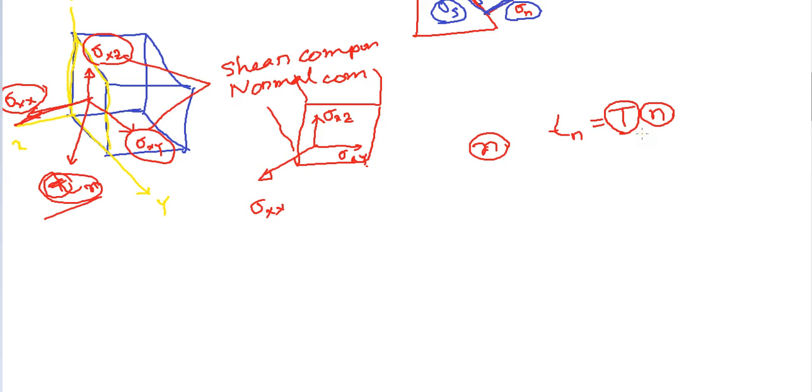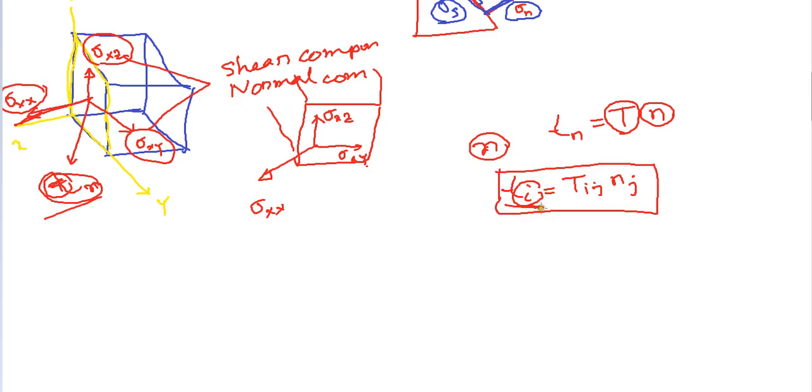From the tensor lecture series, we already know that if we write down the components of a stress vector, then t i equals t i j n j. This is the way we can write down any components of a stress vector.